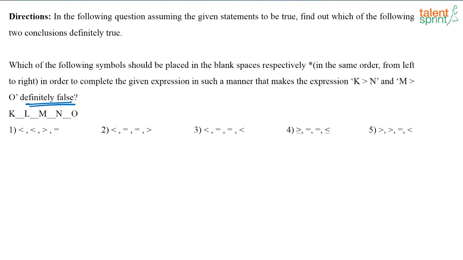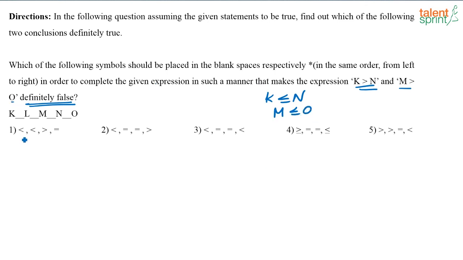See which of these symbols will make the expression such that k greater than n and m greater than o is definitely false. So what will come here? k greater than n should be false, which means k should be less than or equal to n. Similarly, m greater than o is also false, which means m should be less than or equal to o.